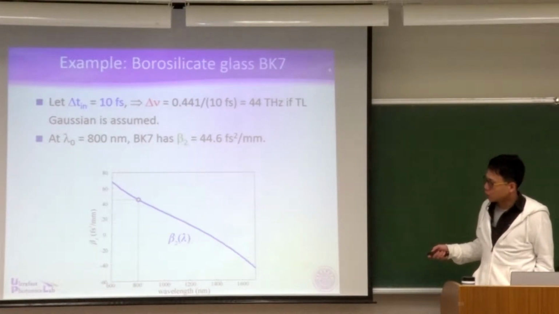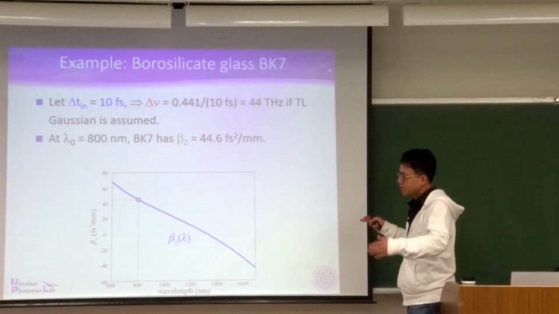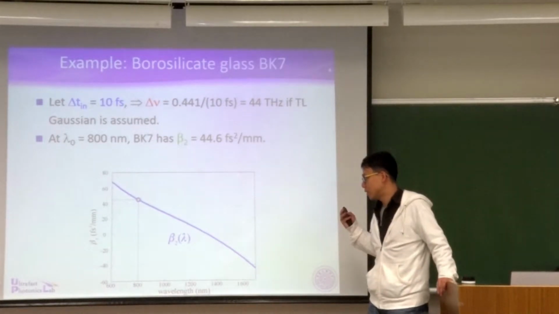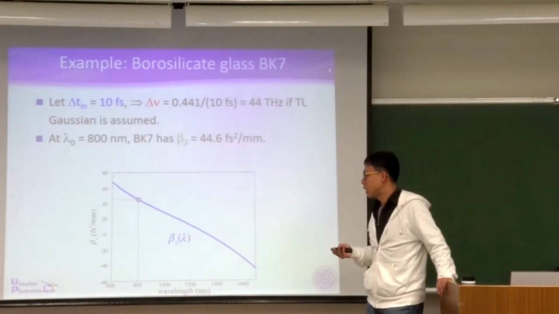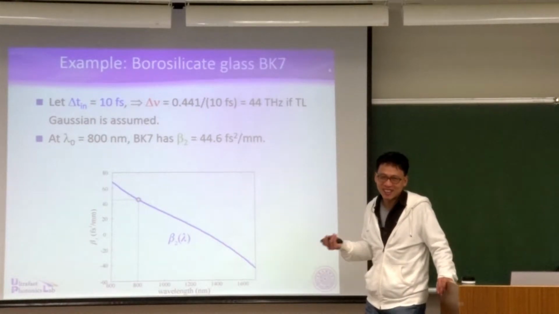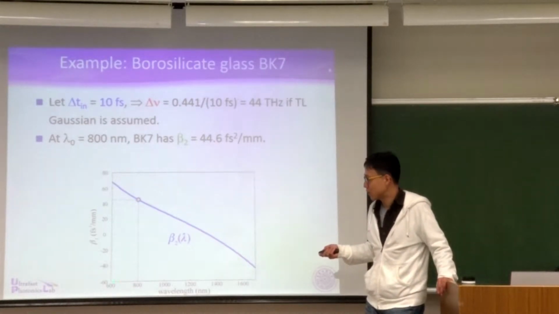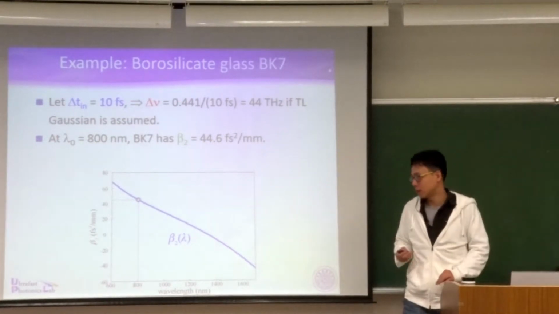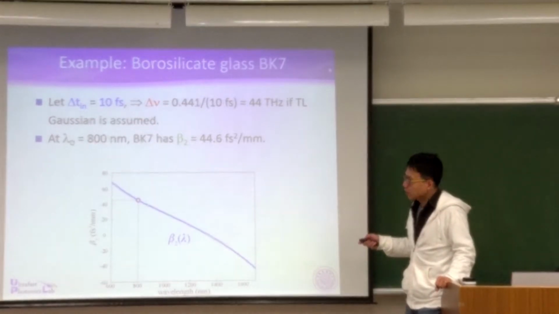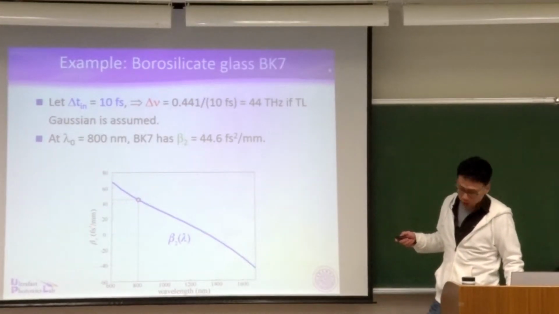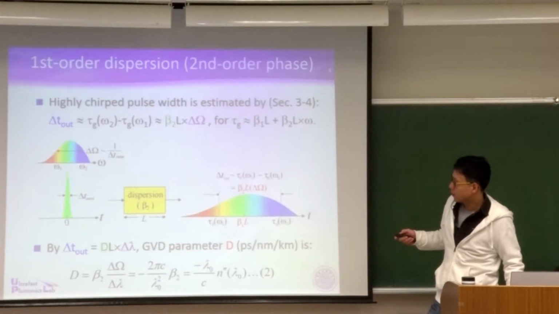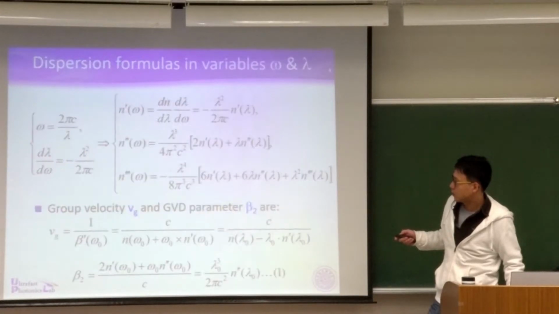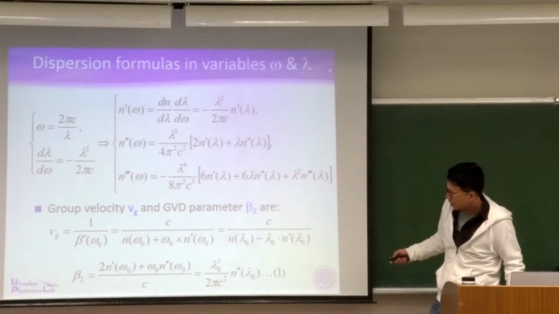Here I assume the wavelengths change from 600 nanometers to 1700 nanometers. This happens to be the range of a typical optical spectrum analyzer, OSA. The optical spectrum analyzer is very common, and its visible range is 600 to 1700 nanometers, so I use this range for the calculation. And the calculation method is the formula from the previous page. I use this formula. Okay.